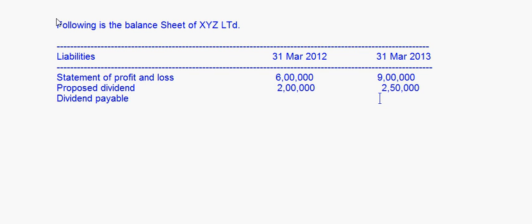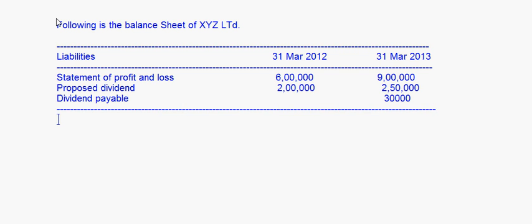We take it as 30,000. This is the balance sheet that is given. Now show how these items will appear in the cash flow statement, right?